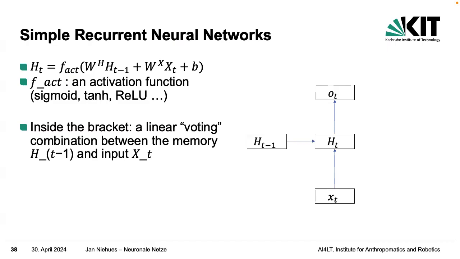This allows us to process any length of input. Then you mainly combine your memory, so think about this H as your memory, with your new input, and you combine it at each position. Based on what I've learned before and what I got as new input, this is my new state of what I should know.